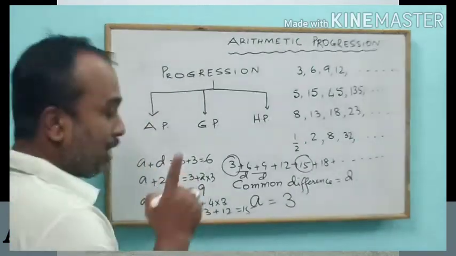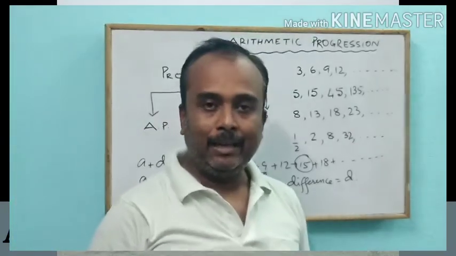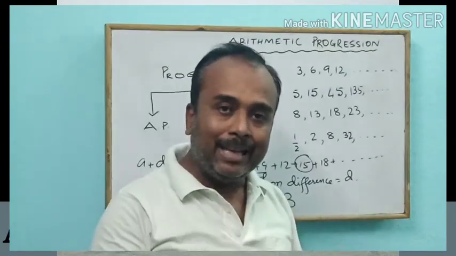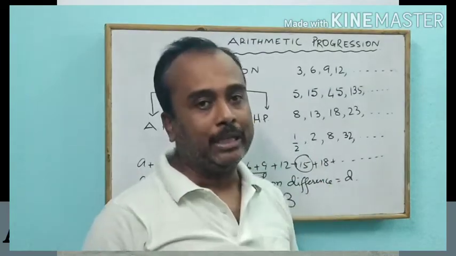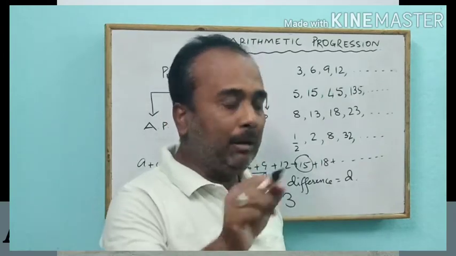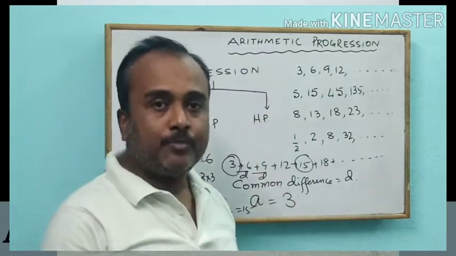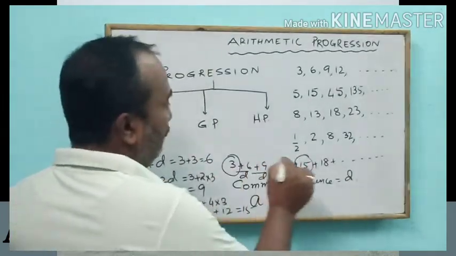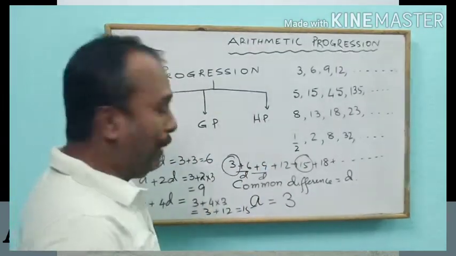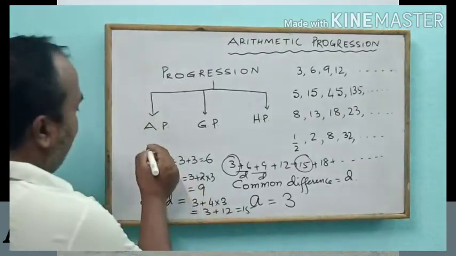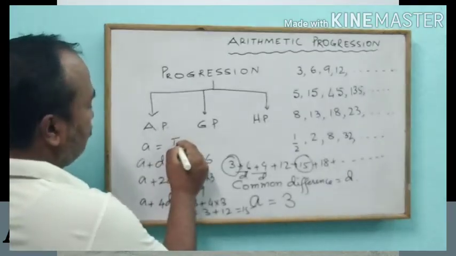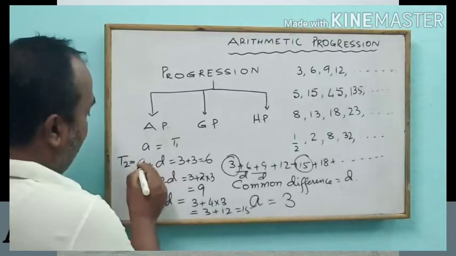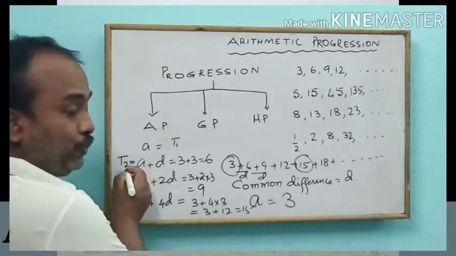So what we notice is, if the first term is A and the common difference between two consecutive terms is D, then the nth term will be A plus (n minus 1)D, because A is the first term, A plus D is the second term, which is 1 less than 2.